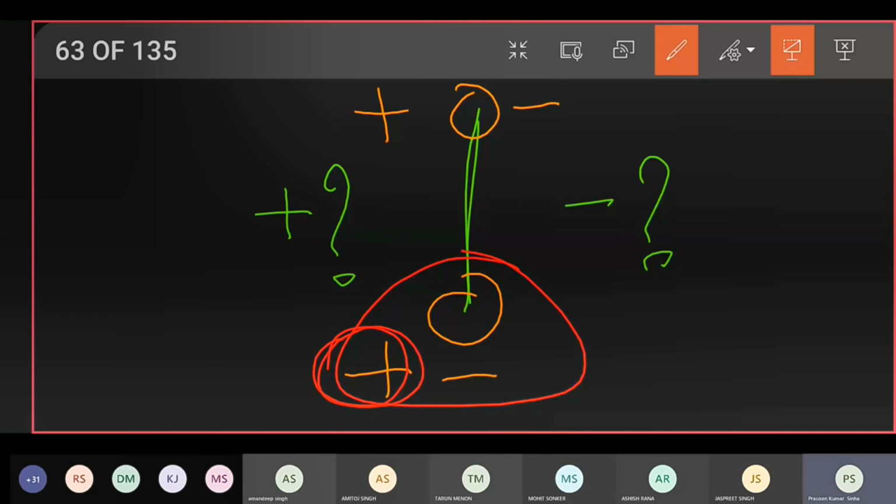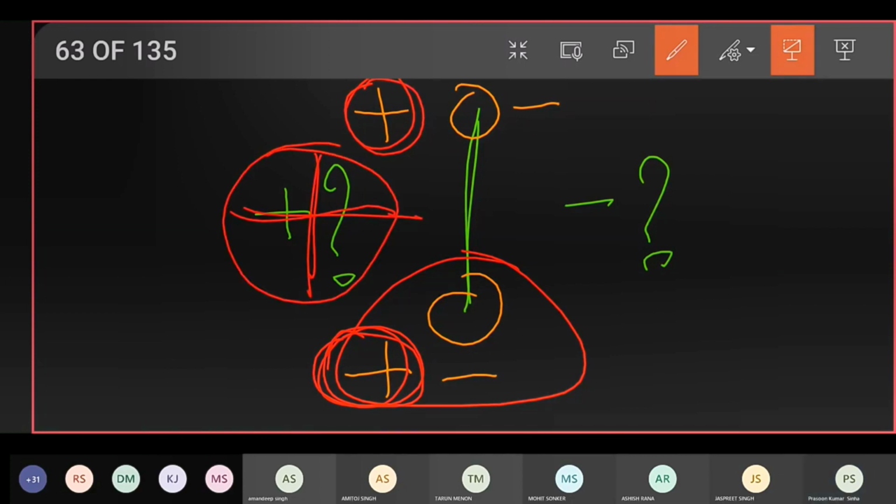But let us say this is positive and the other end also is positive, then the whole rod is positive. If both the ends are negative, then also it is positive. Positive, positive, positive; negative, negative, positive. Simple mathematics rule.